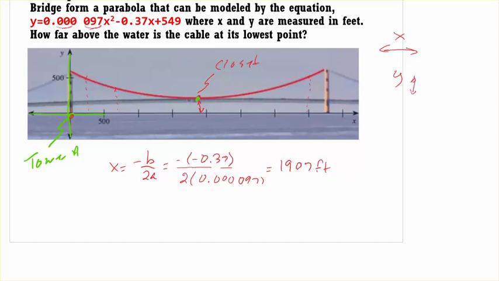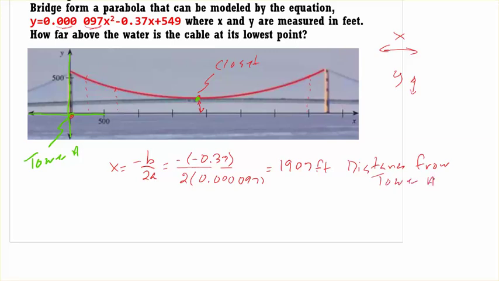So this 1,907 feet is the distance from tower A, which we just arbitrarily called.